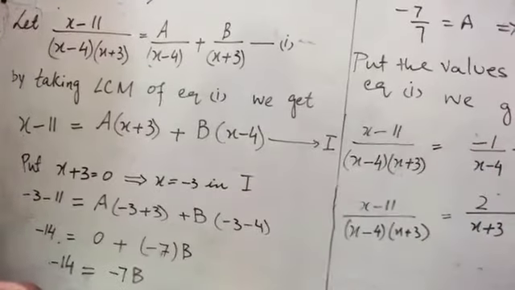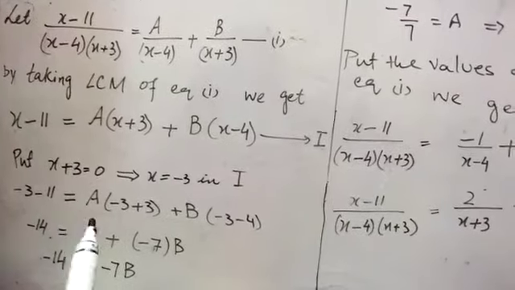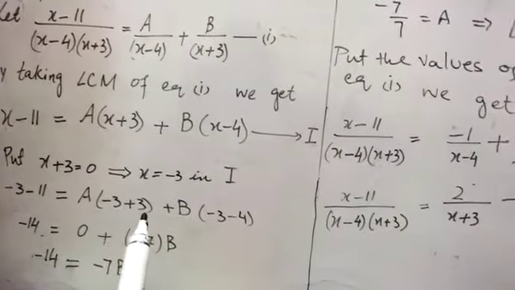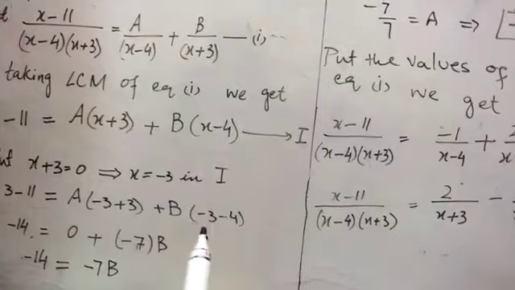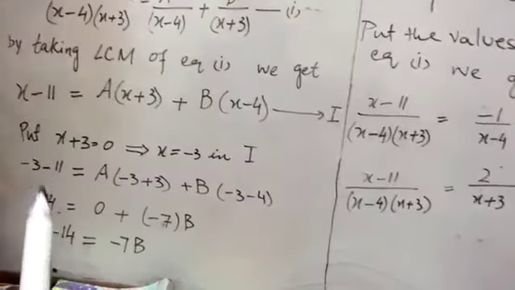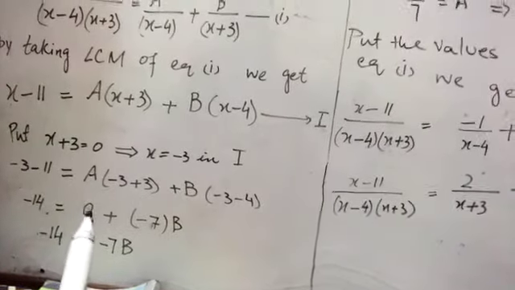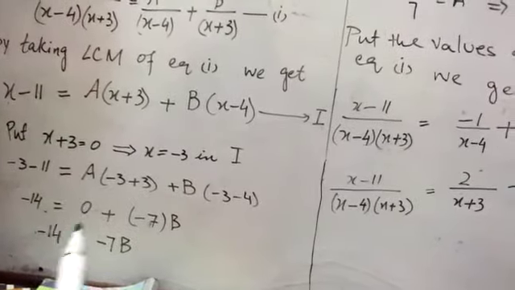We get minus 3 for x: minus 3 minus 11 equals A into minus 3 plus 3 plus B into minus 3 minus 4. Now by solving this side, we get minus 14 on the left, and the A factor becomes 0. So it is known as the zeros method.